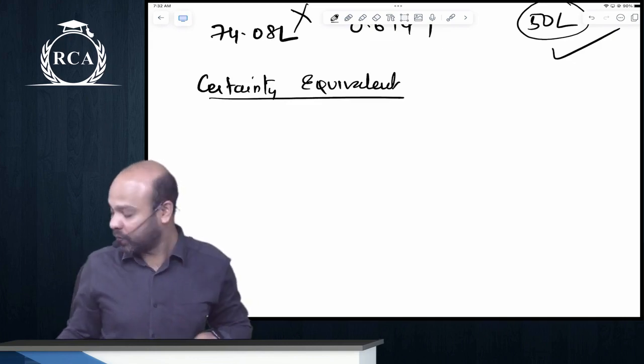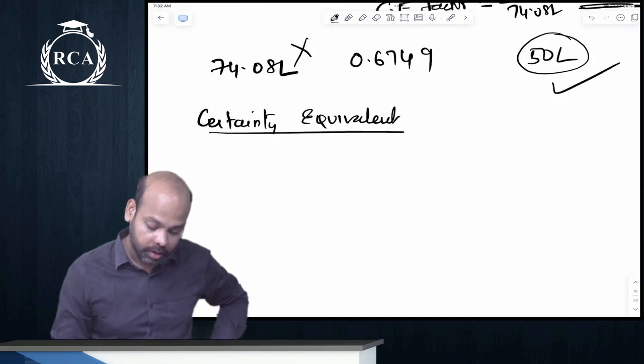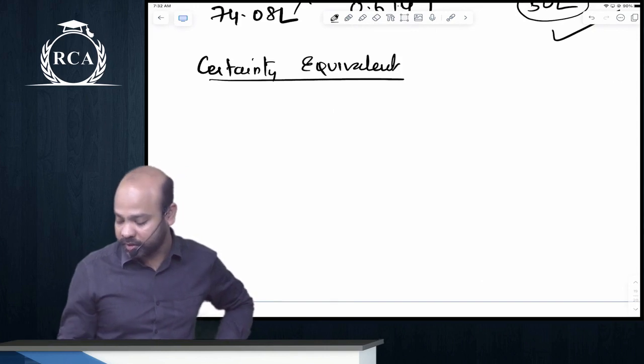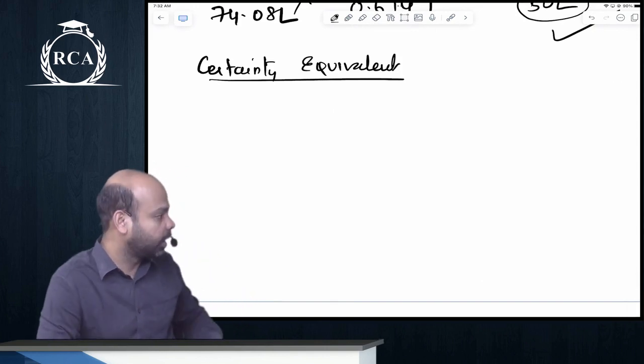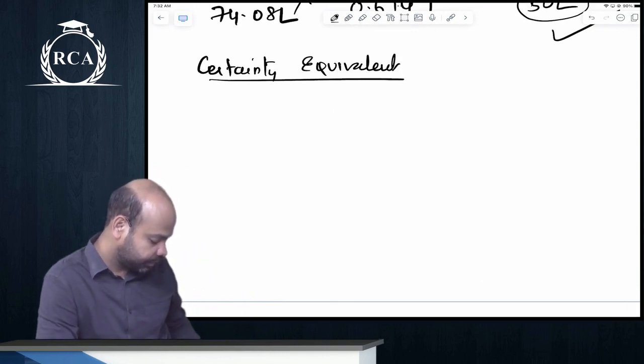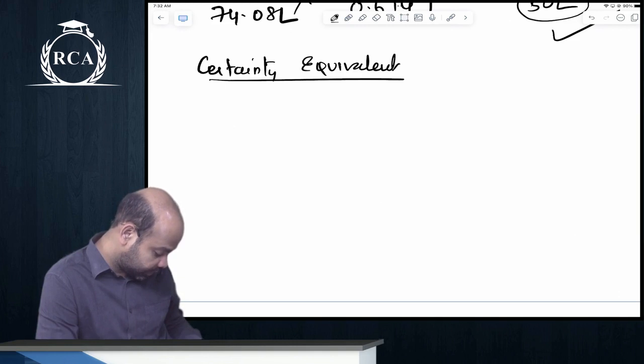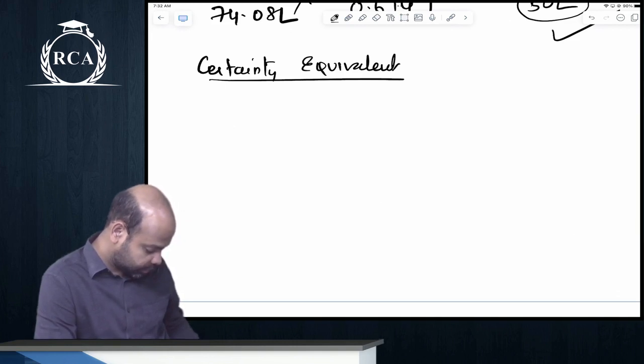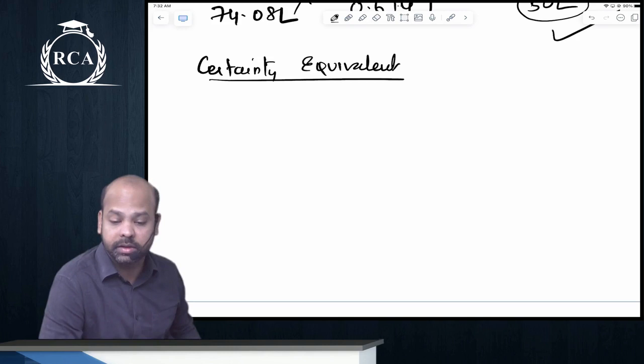Risk is eliminated from the cash flow as only certain cash flows are considered.